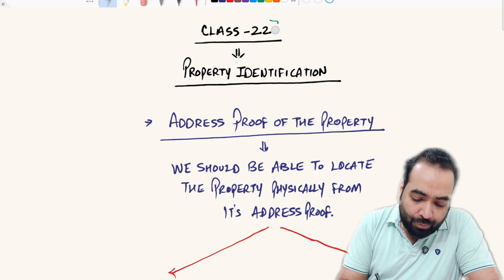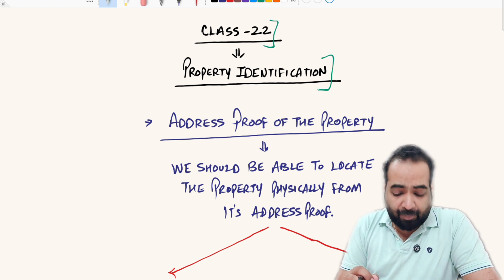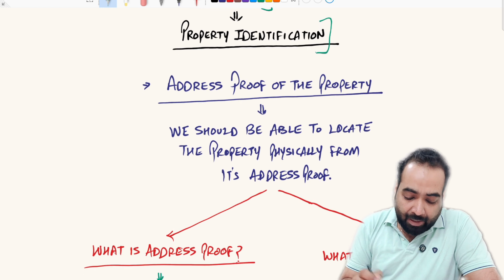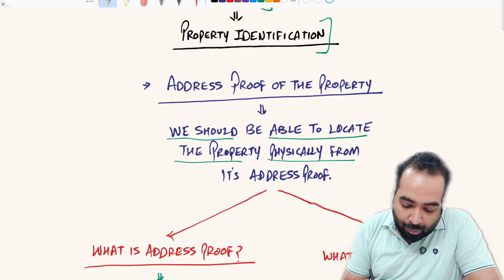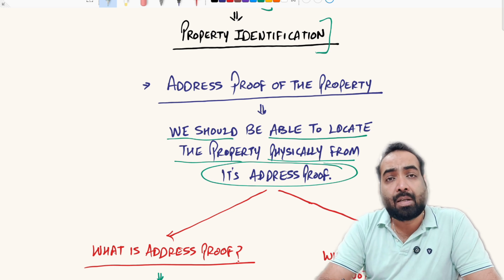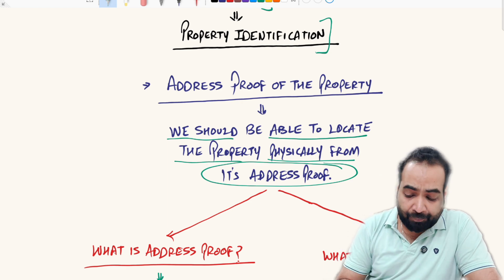So class 22 is about property identification. By property identification, I mean we should be able to locate the property physically from its address proof. Let me give you an example.